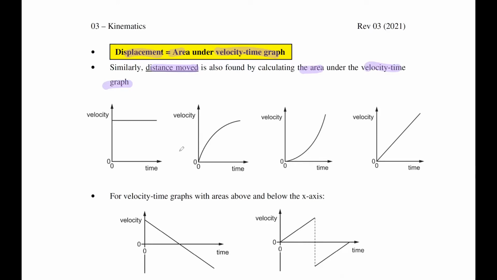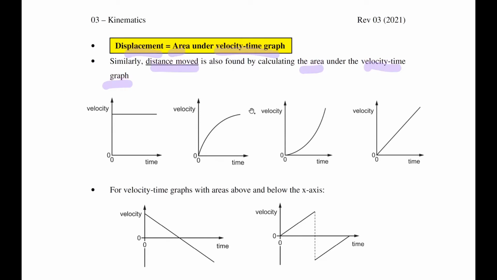So in the cases here where you have a few velocity time graphs, these are some of the examples here. Specifically, this one. For all of these, if you find the area under the graph, it will give you your displacement or distance traveled.